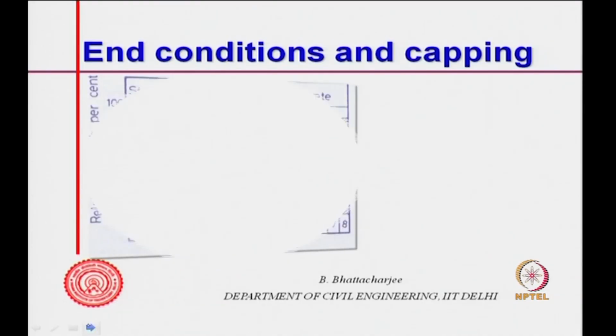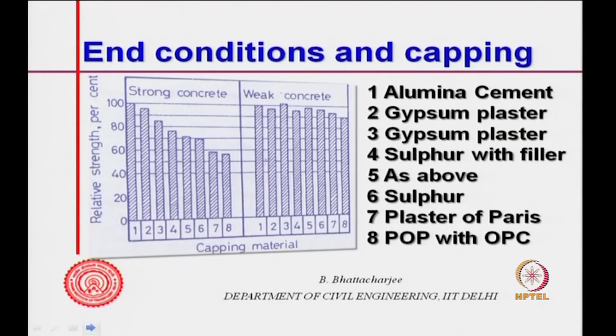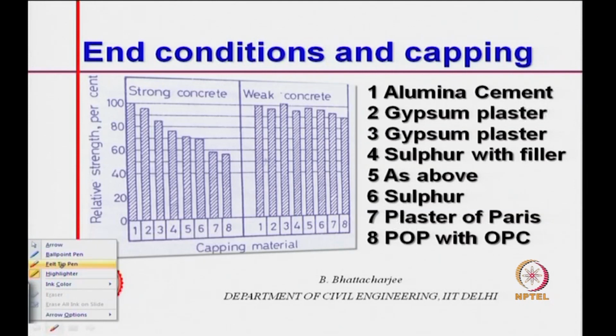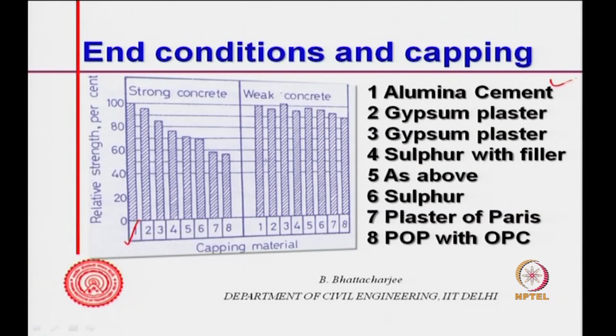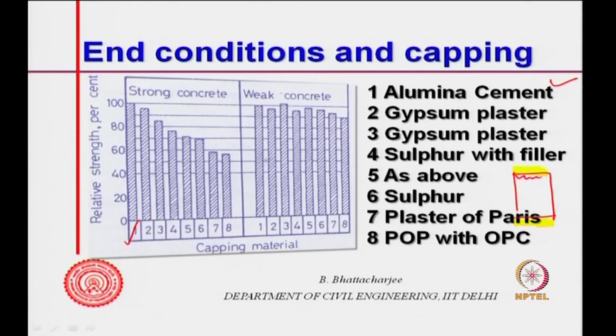Supposing I put different capping materials. I have made cubes or cylinders like this, and I am using different capping materials here. This might be rough, this may not have been smooth, etc. This is a result of experimental results.